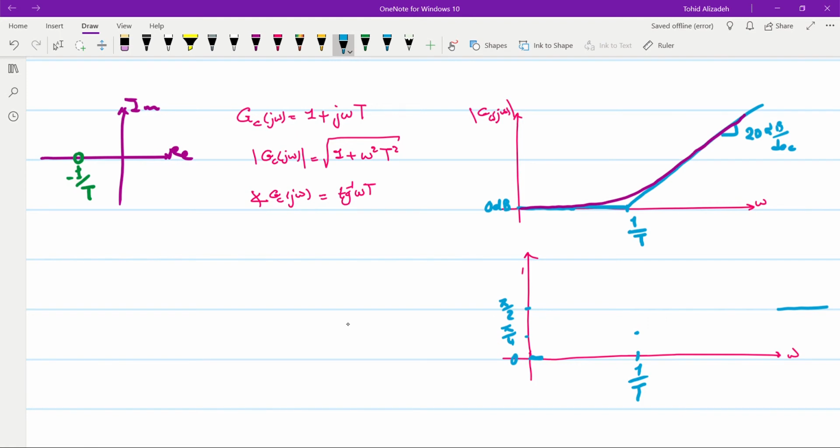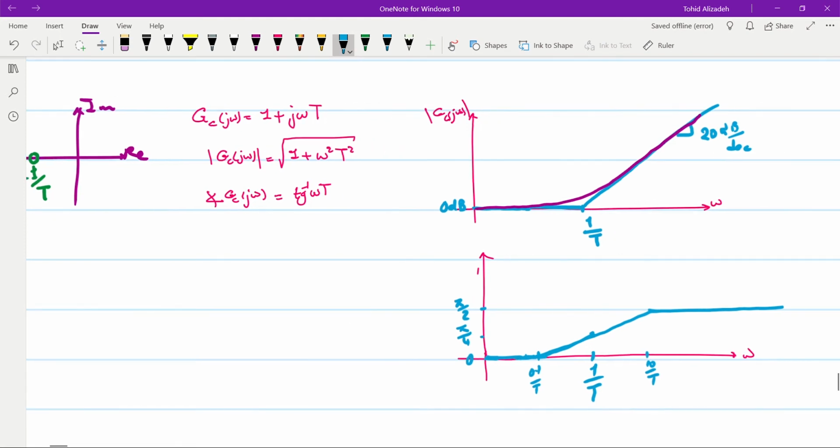And therefore, the approximate phase plot for this controller will be like this. So 1 decade before 1 over T, we can say that we have 0. 1 decade afterwards, we can say that we have pi over 2 as the phase.